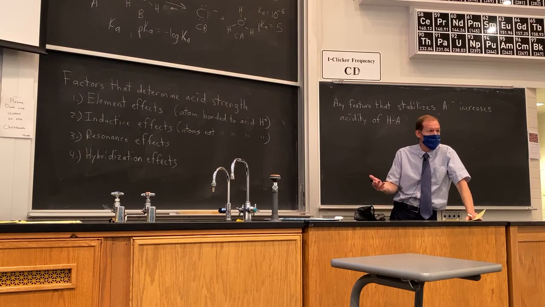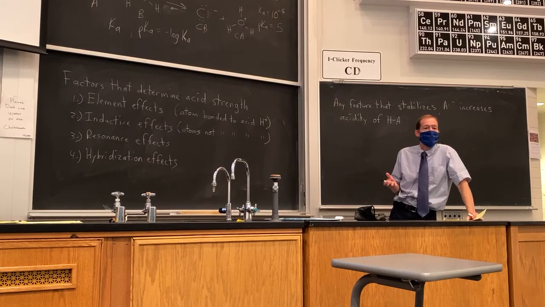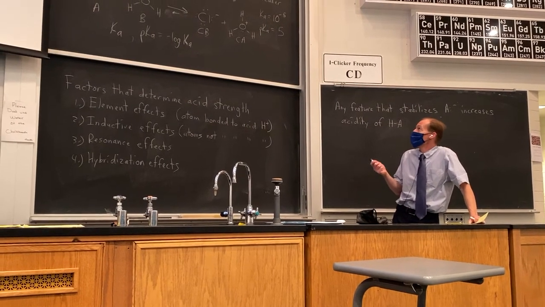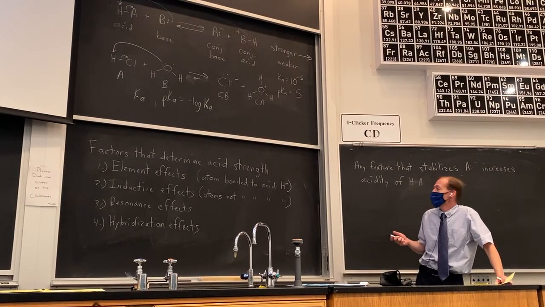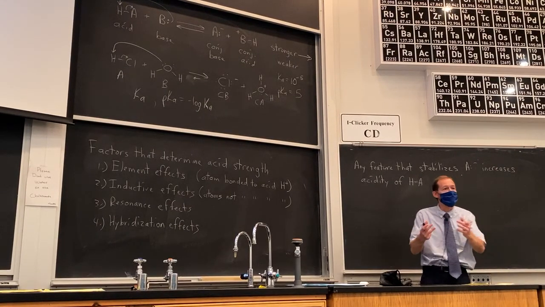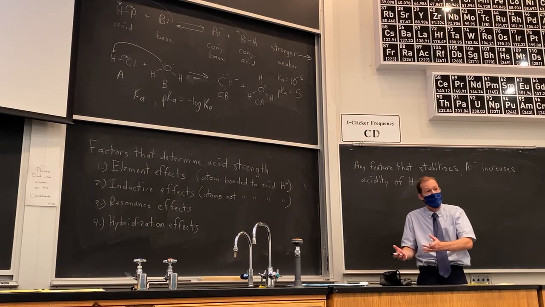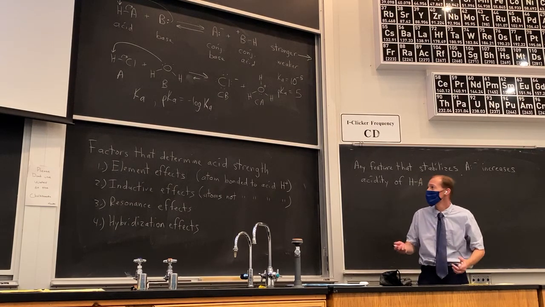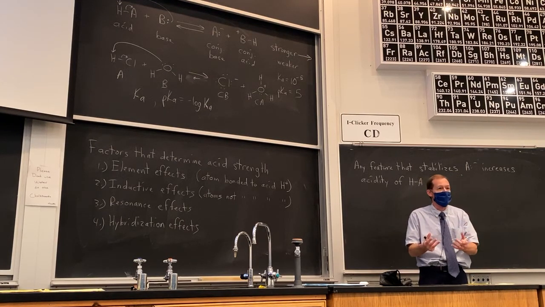Okay? We can understand this by looking at our generic acid-base equilibrium and remembering what we learned about equilibrium from general chemistry. The conjugate base is the product of this acid-base reaction. And if we are comparing two acids, and one has a more stable conjugate base than the other, based on what we know of equilibrium, that means more of that more stable product would form, right?